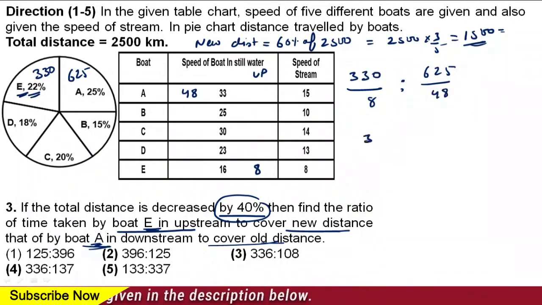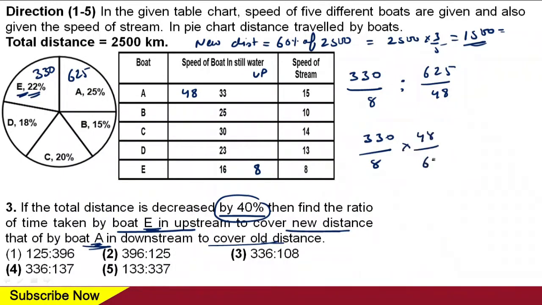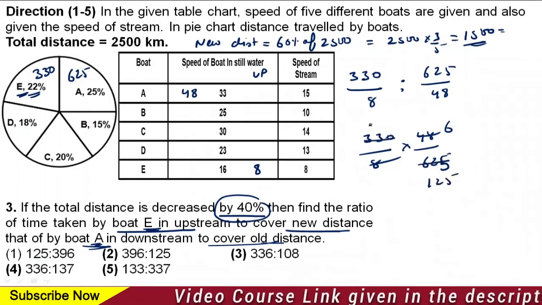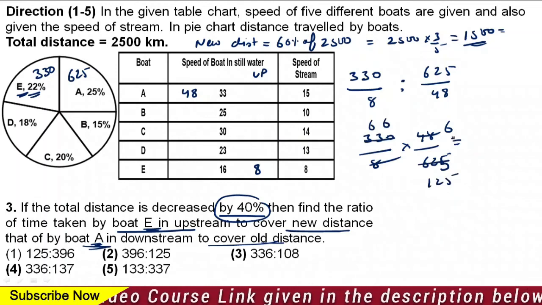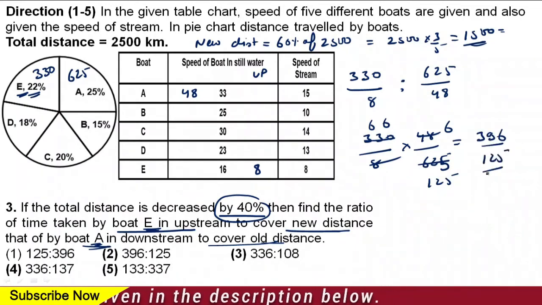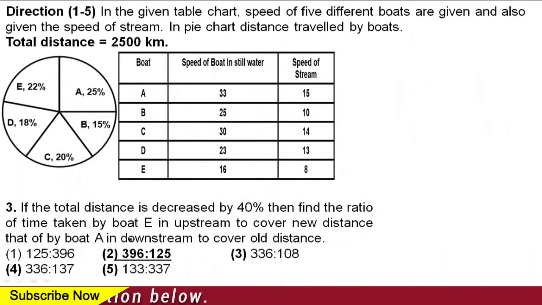We could have also done 330 upon 8 divided by this, so multiplied by 48 upon 625. So this goes away 6 times, and we can again cancel this down by 5 into 125 and 5 again 66. So 66 into 6 is 396 upon 125. So 396 upon 125. Option 2 is the correct answer.